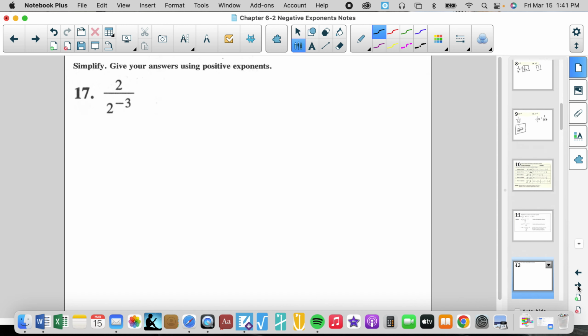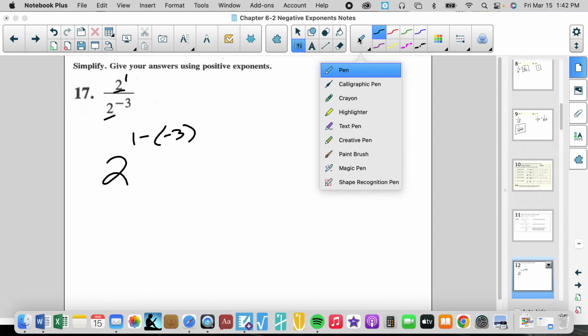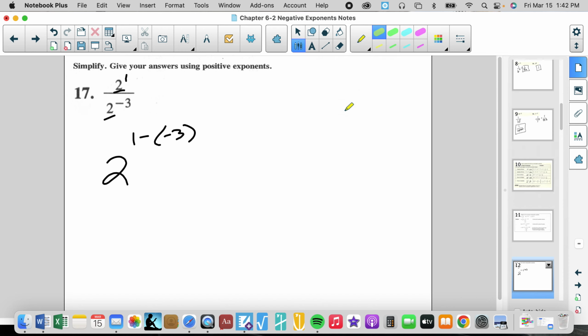Now, we are dividing like bases. The base is 2. The exponents are 1 and negative 3. So we're going to have 2 to the 1 minus negative 3. We subtract when we divide. So that division is represented there.